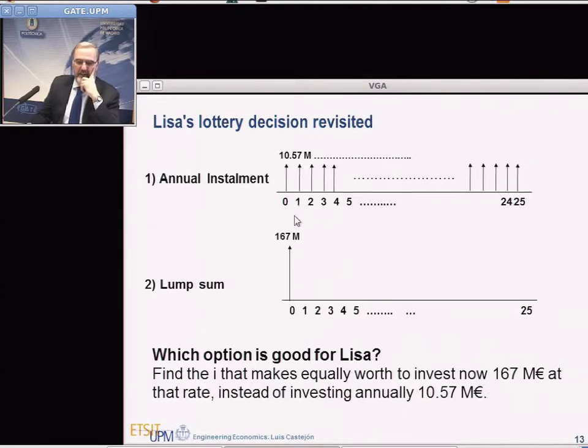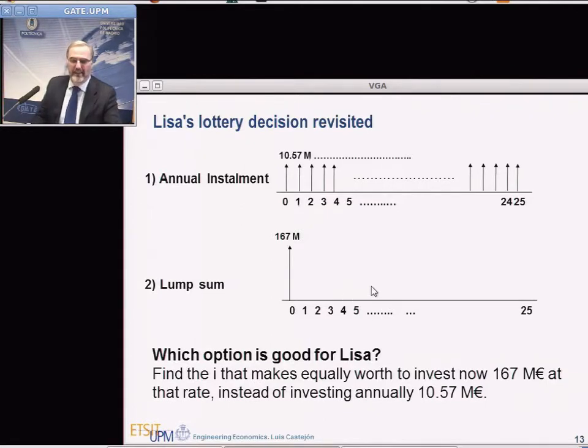The logical thing to think is that if I have today a lump sum of $167 million, I will go to a bank to create a savings account and put that money to work. So what interest rate?